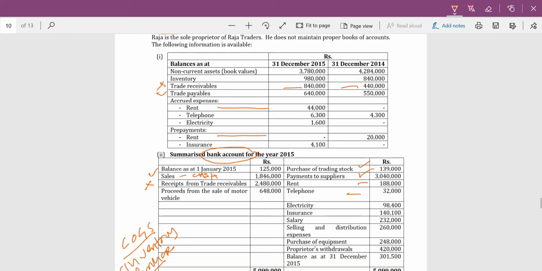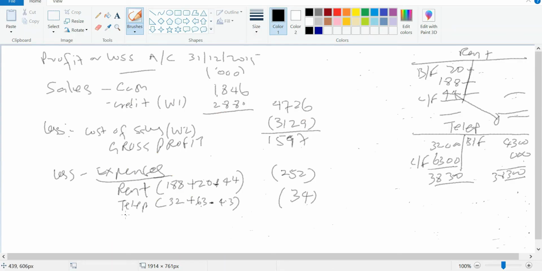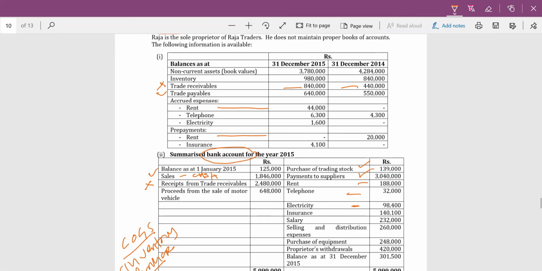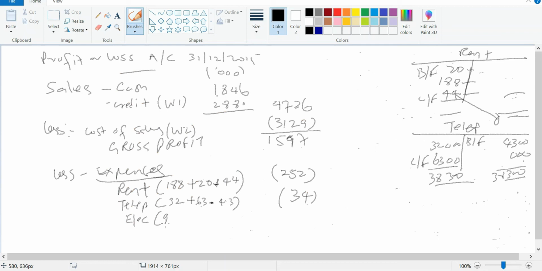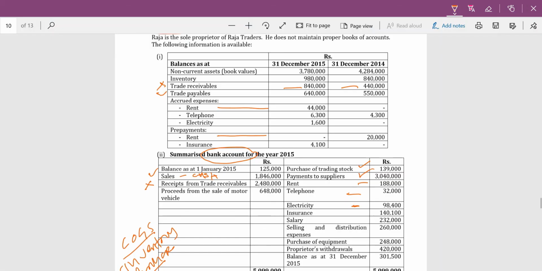Now we took rent and telephone. Electricity expenses 98,400. So simply you take electricity, how much has been paid? Electricity paid 98,400. Check whether there are any prepayments. There are no prepayments.